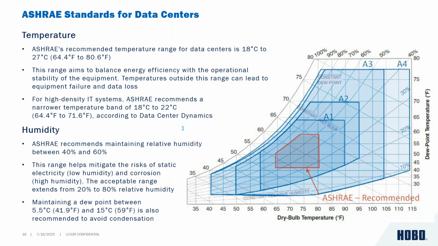It's going to reduce downtime. If you're constantly having servers go down because temperature or relative humidity is too high and it's causing premature failures, and you're constantly having to swap out those servers, that's downtime, and downtime essentially leads to loss of revenue.